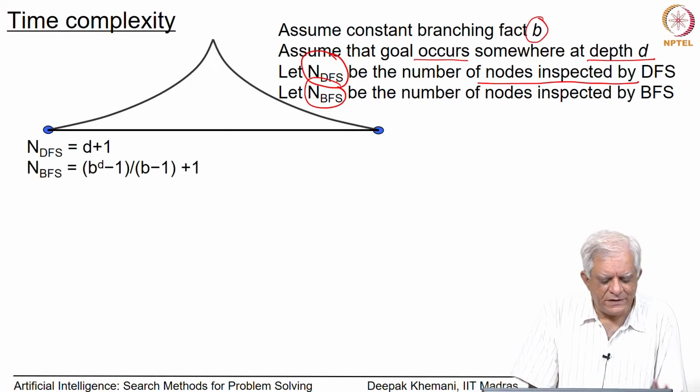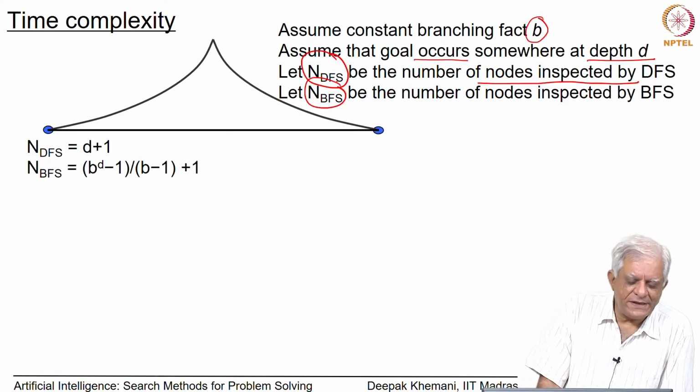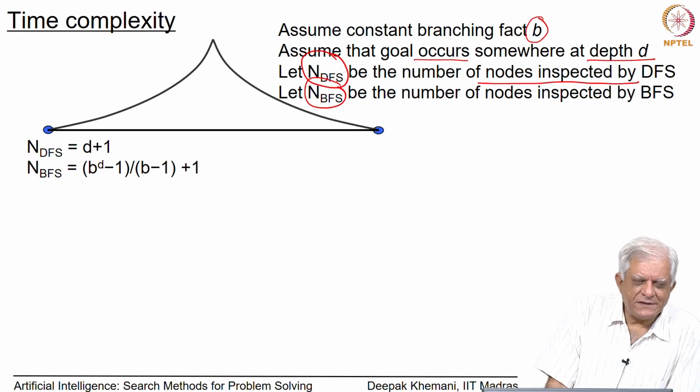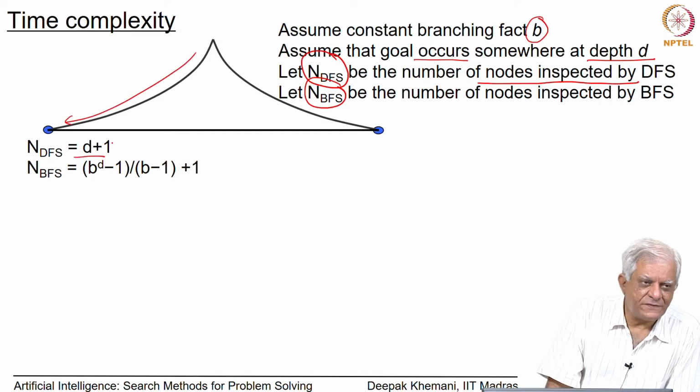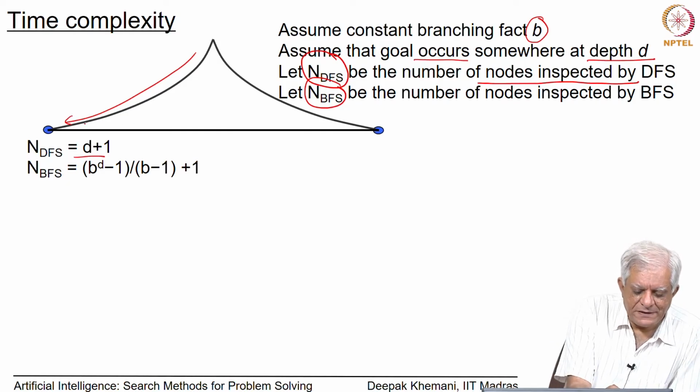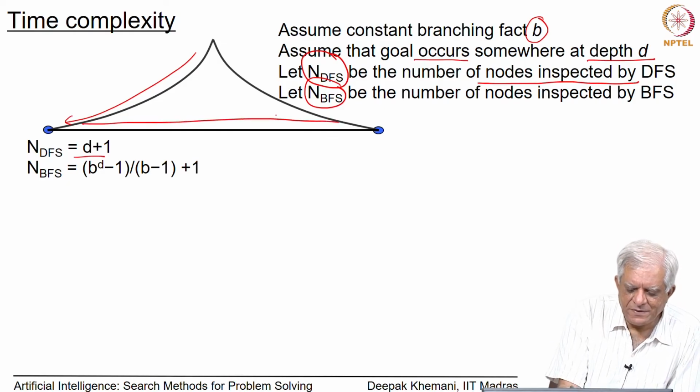If the goal happens to be in the extreme left, then depth first search will not need to backtrack at all, and in its first attempt itself, as it goes down this branch, it will find the goal after looking at d plus 1 nodes. So, d plus 1 because the root is the first node it inspects. Breadth first search on the other hand would have to completely search the tree up to the previous layer.